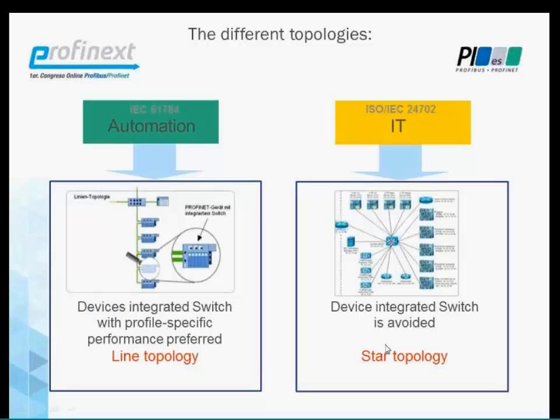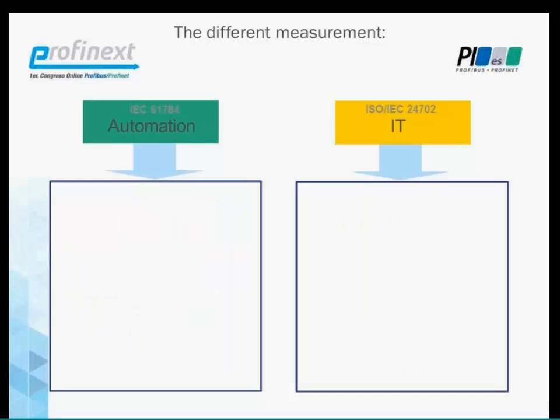And for automation, it's always necessary to have very complex topologies. For example, the line topology, and if you build up a line topology, it does not make sense to have a separate switch between every device. So there you integrate the switch into the device and realize a line topology.